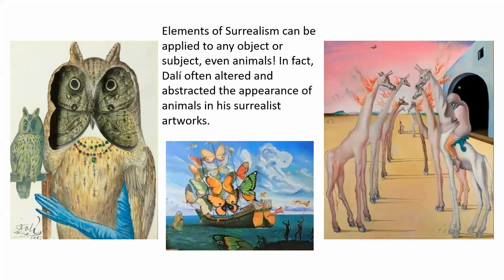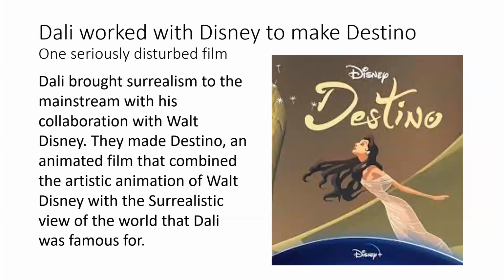And we look at displacement here as the butterflies representing this owl. The abstraction as this owl has an arm. We see displacement again as those butterflies are the sails to that ship. And then, of course, we've got the anamorphic use of these really strange, fleshy looking giraffes here on the right.